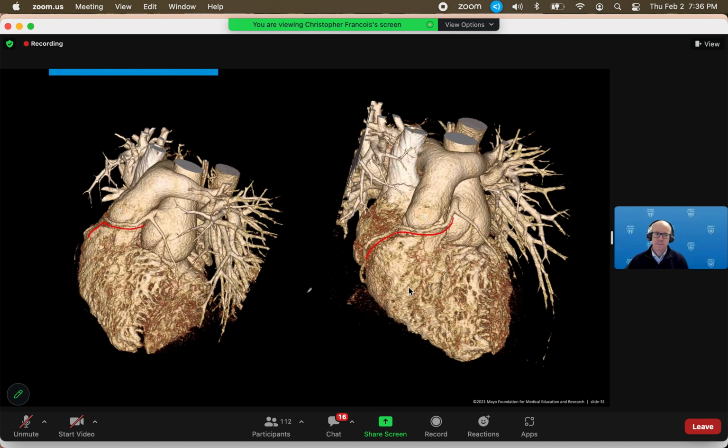And so that's an anomalous origin of the right coronary artery, and then an anomalous course. And as you correctly pointed out, we have the pulmonary artery right here. Here is the aorta. And so what do you think of that course of the right coronary artery? Is this the pre-pulmonic anomalous course? Yeah, exactly. Pre-pulmonic, because it is in front of the pulmonary artery.